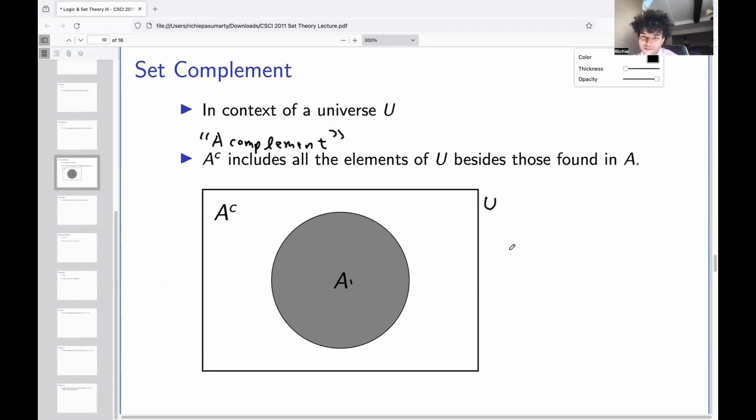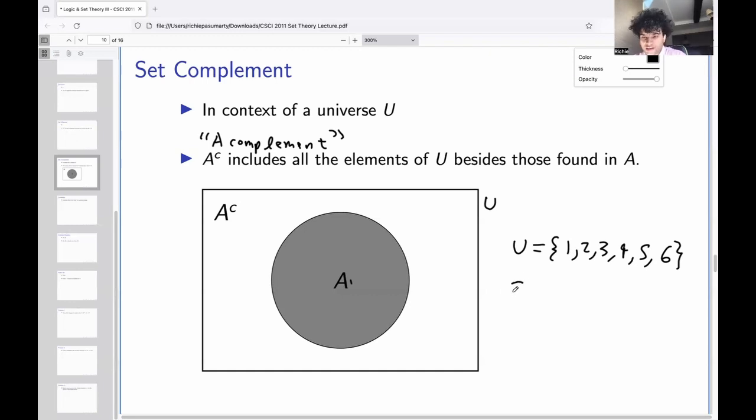Okay, so for example, let's say that our universe is these numbers. So our universe is the numbers between 1 and 6. Maybe in the context of rolling a 6-sided dice, this would make sense.